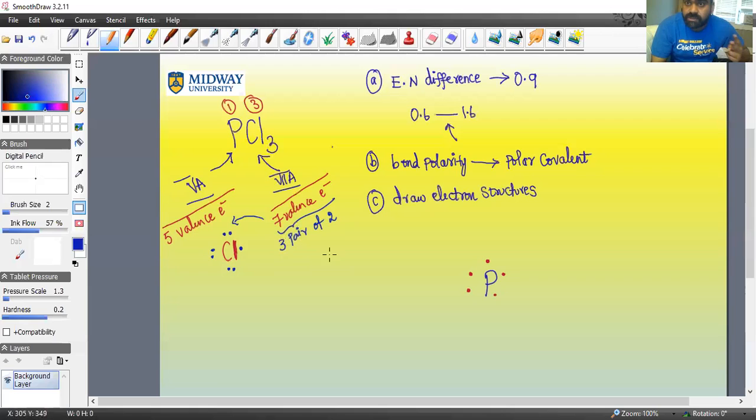A pair is 2, and if I split 7 electrons into pairs of 2, I'll end up with 3 pairs. That means I'm still left with that 1 electron. That 1 electron is what's going to bond with 3 of the 5 electrons on the phosphorus. Now keep in mind, the basic is 2 electrons make a bond.